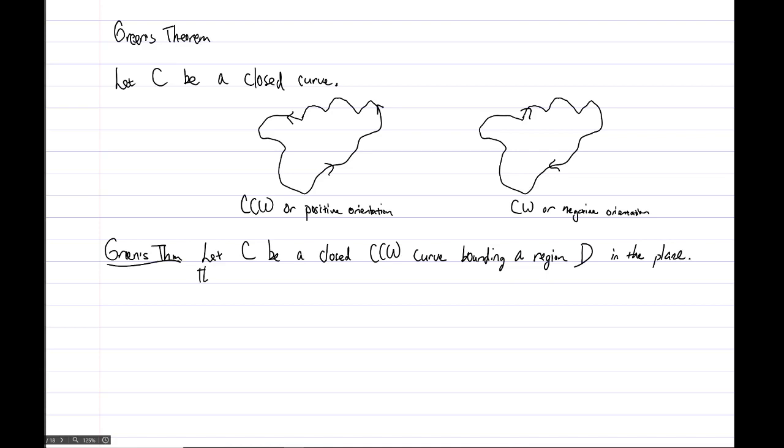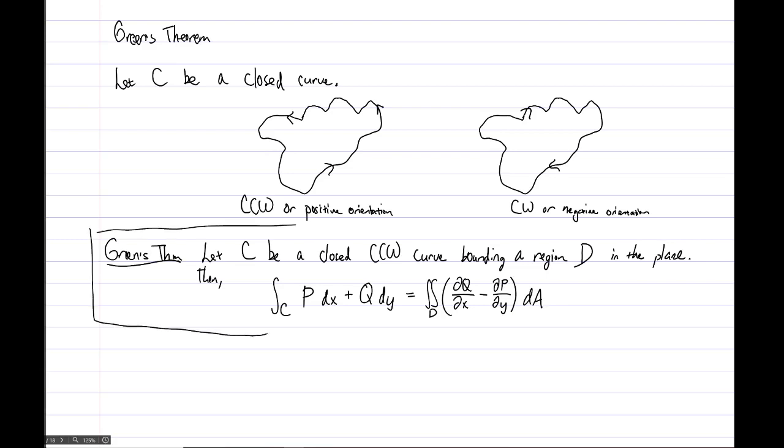Then the line integral over C of P dx plus Q dy is equal to the double integral over the region D of the partial derivative of Q with respect to x minus the partial derivative of P with respect to y dA. Okay, so there's the theorem itself, but we're going to make some comments about it, so I haven't fully closed off this box yet.